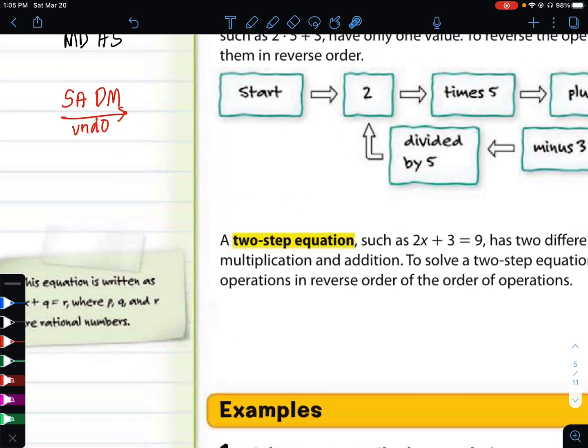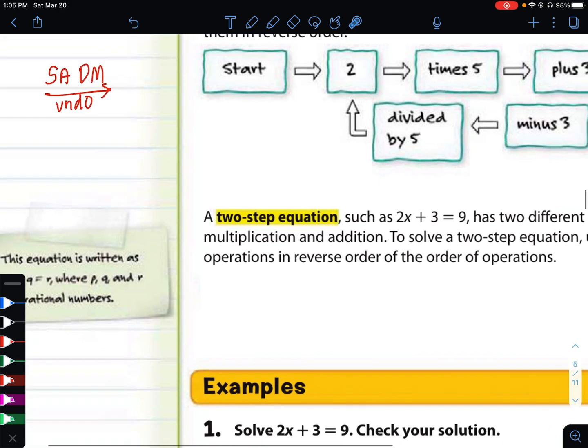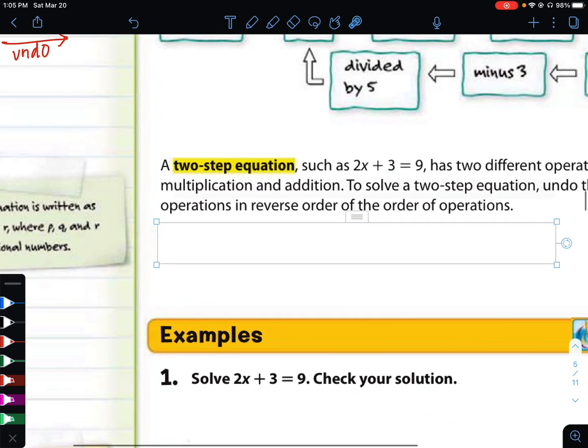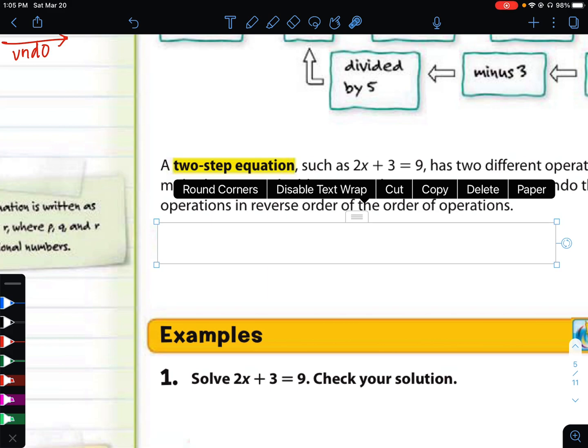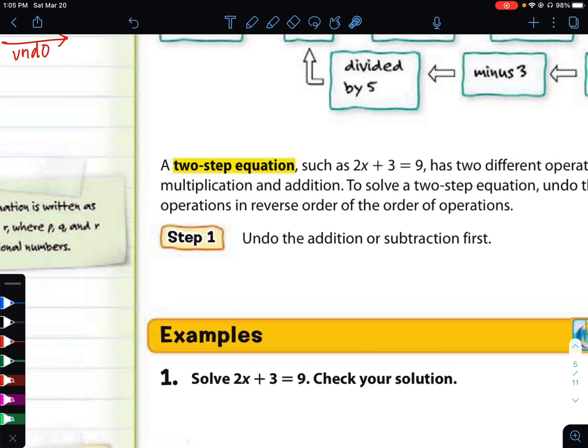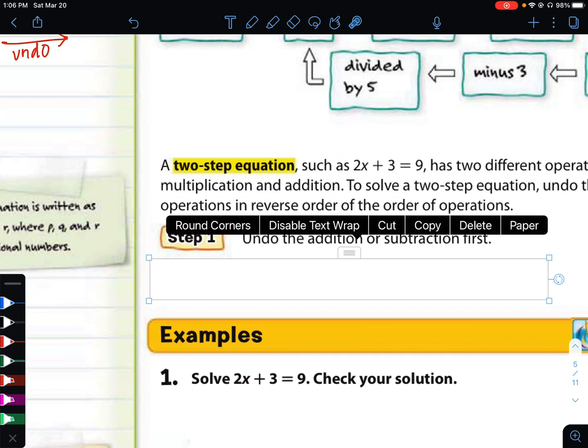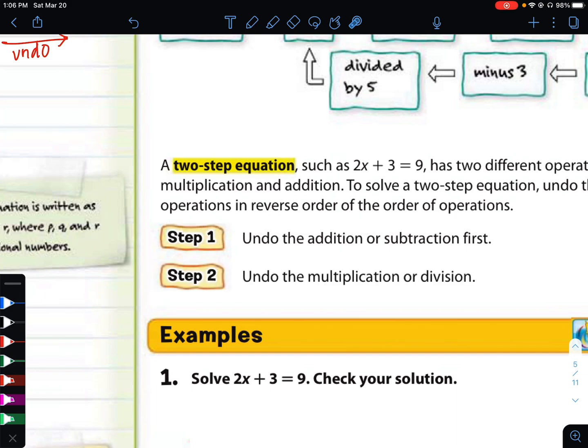Simply meaning that we need to undo subtraction or addition first before we undo division or multiplication. So step number 1 is undo addition or subtraction first, and step number 2 would be undo multiplication or division.